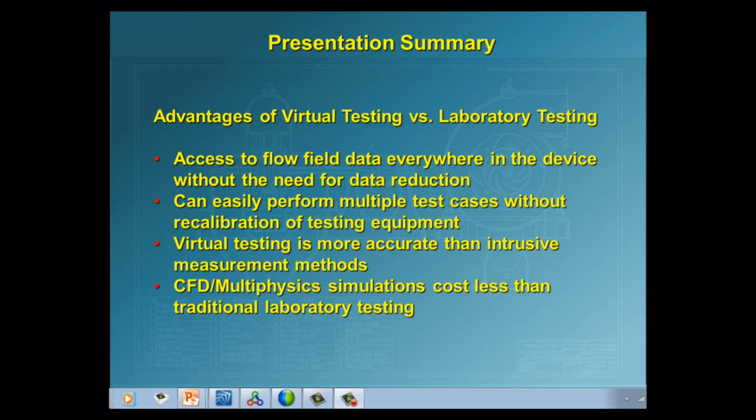With lab results, normally you only get data at a few points in the model. When you simulate, you can easily run multiple cases very efficiently as opposed to having to recalibrate and reset lab equipment. It's well known how difficult it is to get accurate results using intrusive measurement methods. You don't have this with virtual testing. Finally, virtual testing costs less.